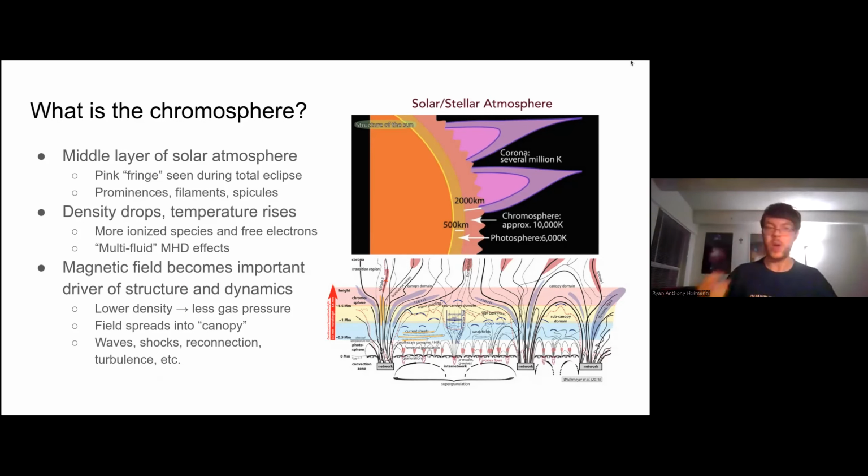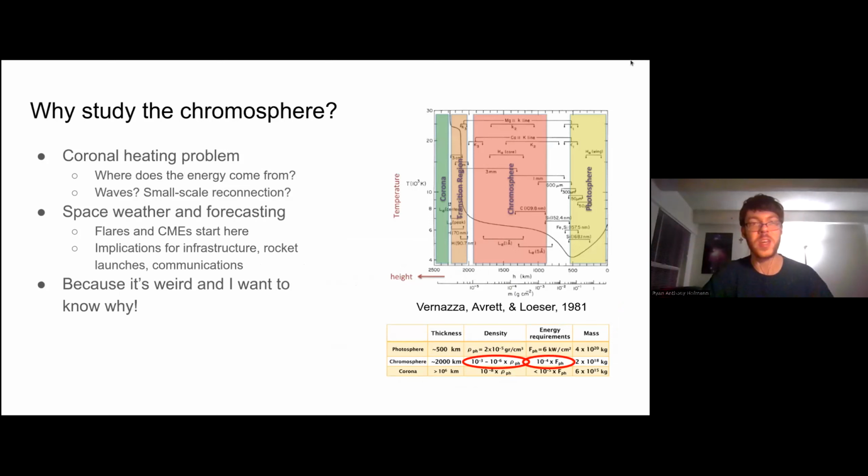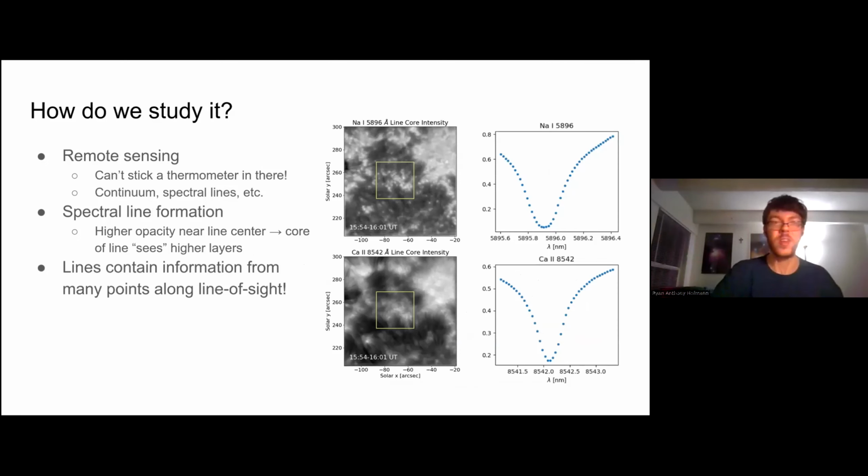There's all sorts of waves and shocks and all of this stuff that we really want to understand, because the stuff that happens in the chromosphere is very closely linked to a lot of important problems, like where does the energy come from to heat the solar corona? How exactly do flares and CMEs form and behave? How can we improve our space weather forecasting, et cetera.